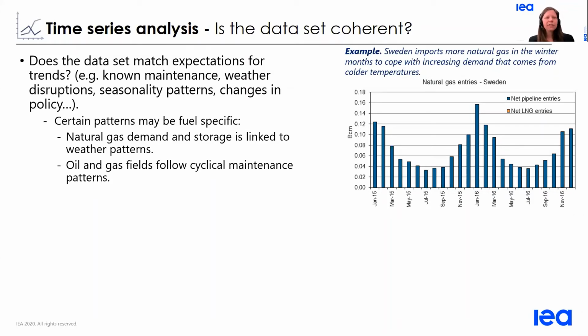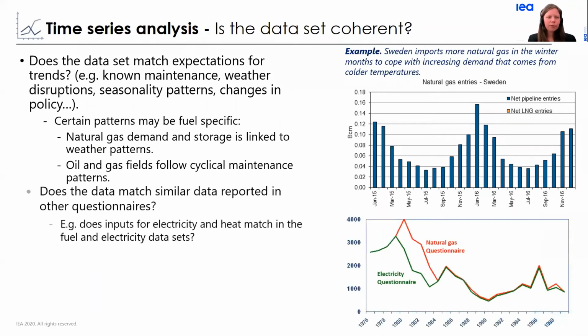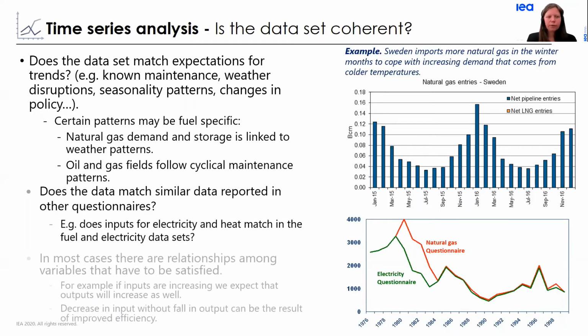Oil and gas fields, as another example, follow cyclical maintenance patterns. So this is also something to consider. And then we would want to check in our questionnaire if the data is matching similar data in another questionnaire. For example, if we have an input of natural gas to electricity, does it match the one reported in the electricity questionnaire?